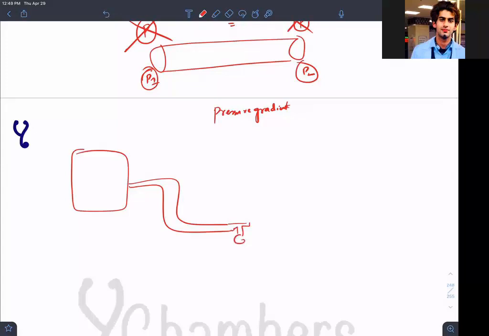So for an effective perfusion, there should be a pressure difference first. This effective perfusion pressure will draw this blood flow into this column. This is actually an application.